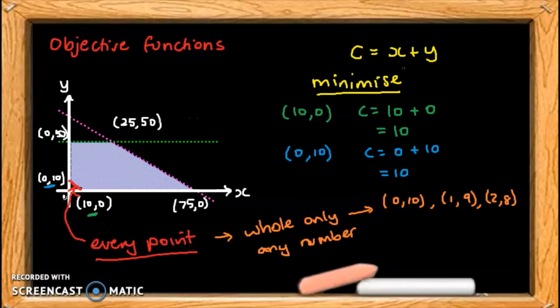If you can use any number at all, and it doesn't have to be whole, then anything along this line, and this line was x plus y equals 10, will give you your minimized objective function.